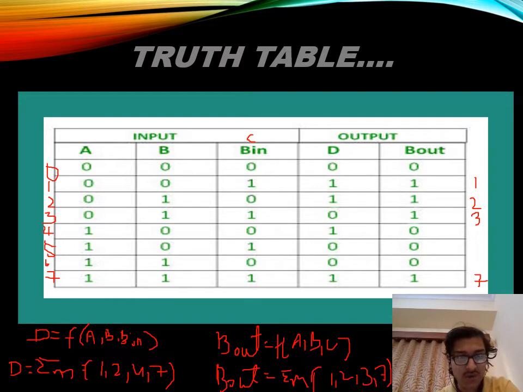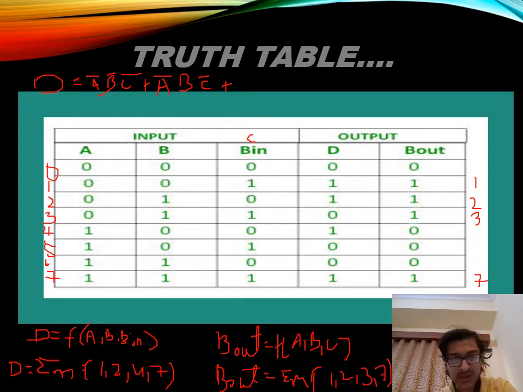For difference, we can write minterm 1 as A bar, B bar, C bar, plus for 2, it is A bar, B and C bar, plus the third minterm is 4.